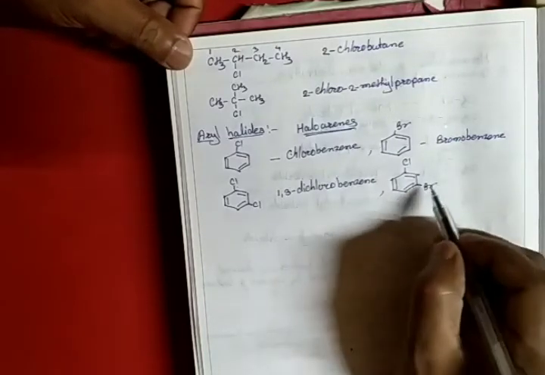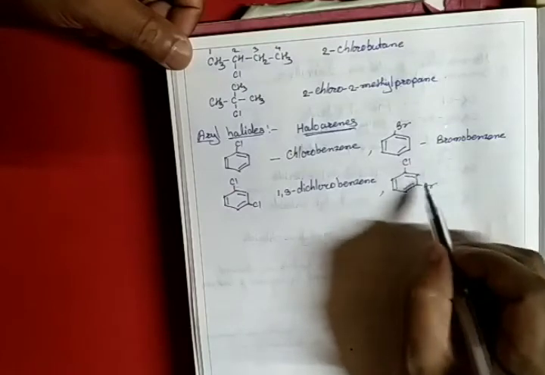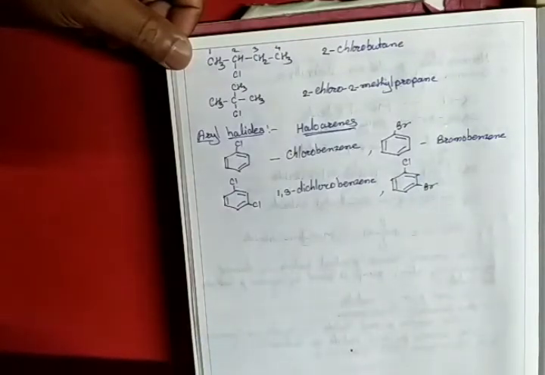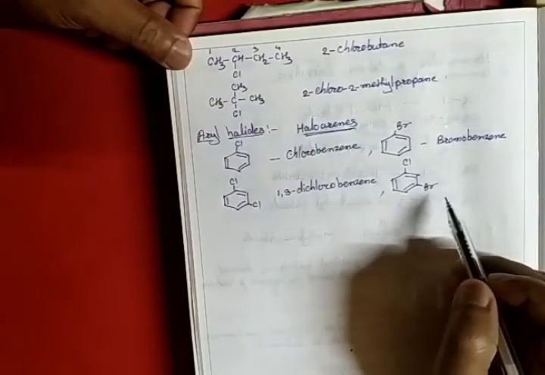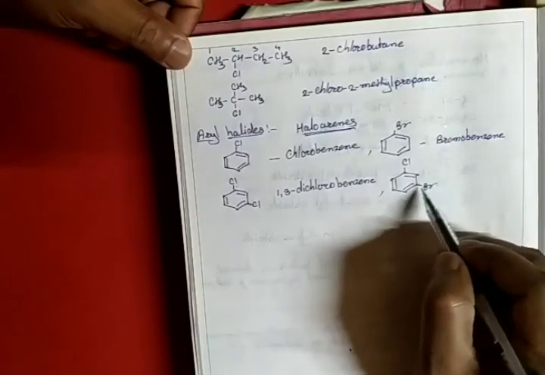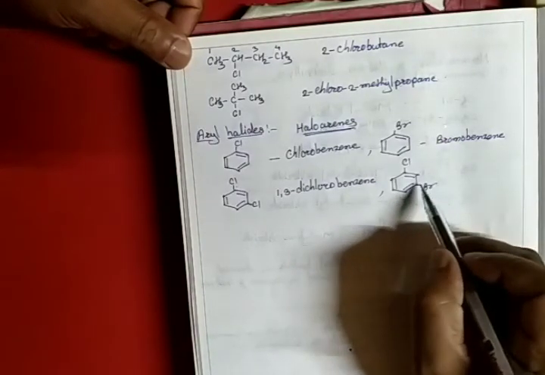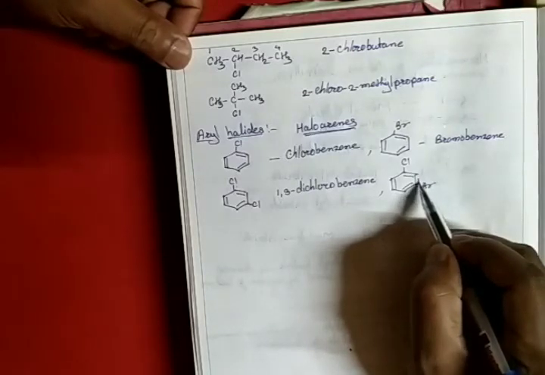And one more example. Suppose this is an example of an aryl halide where there are two different halogen atoms, bromine and fluorine. Alphabetically, bromo we write first, so the lowest number is for bromo.